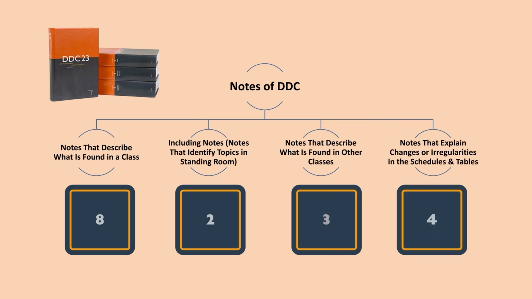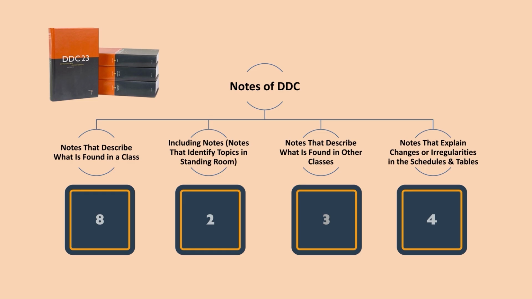So in a graphical diagram, we can understand that the notes of DDC are of four types. As we mentioned, notes that describe what is found in a class, and you can notice that the number 8 has been mentioned just below the subheading.